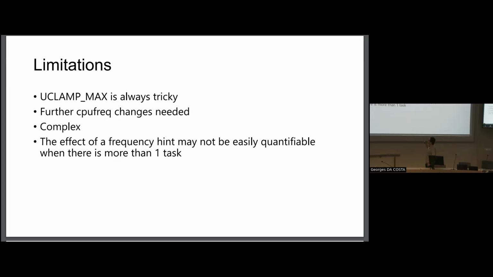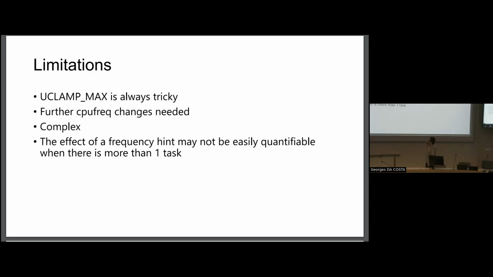Recently on the mailing list there are also a couple of CPUfreq patches needed for Uclamp max aggregation to work better. It's a bit complex. And actually, I would say the first 3 problems are not big problems.